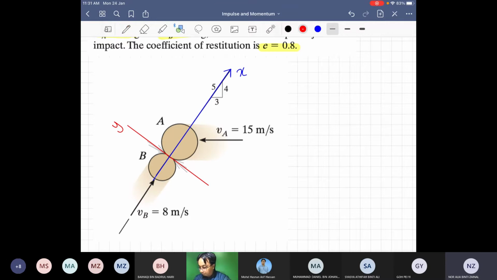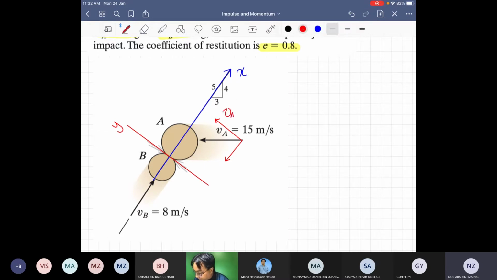So we have to resolve our velocity in the X and Y axes like this. Okay, so this will be VAY1.